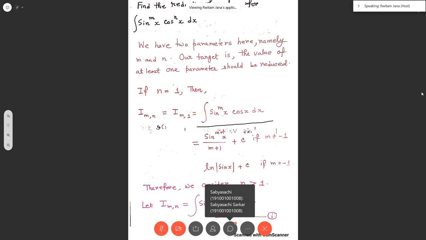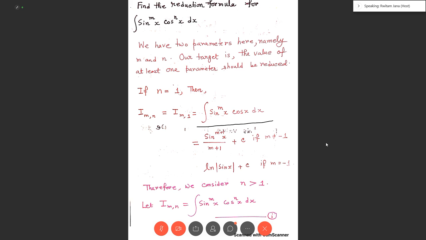That is, if m plus 1 equals 0, then m will be minus 1. So what will happen if m equals minus 1? We have to check the case when m equals minus 1, because we have considered m and n as integer parameters.